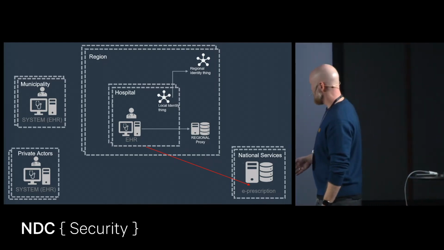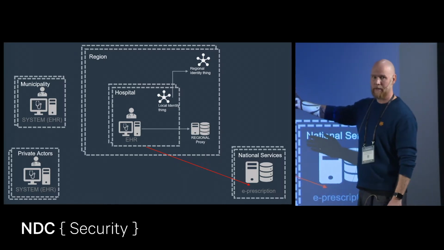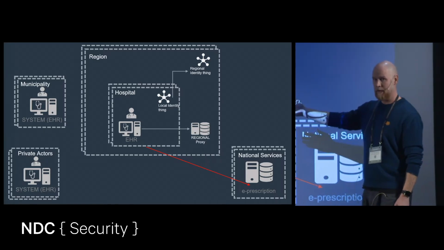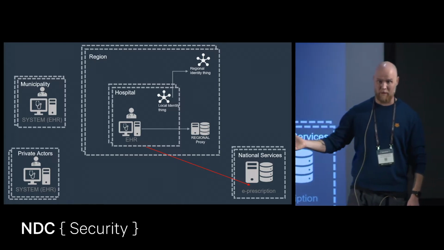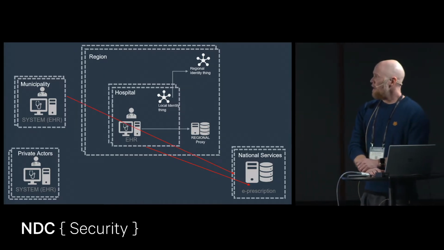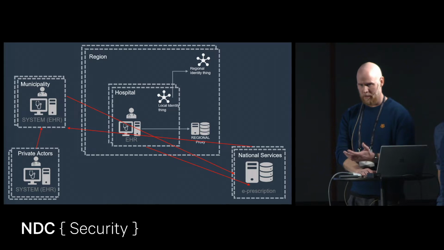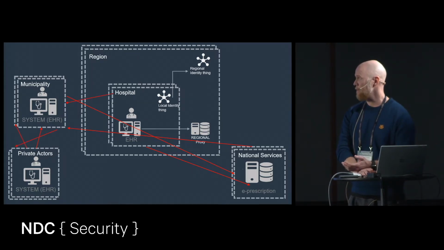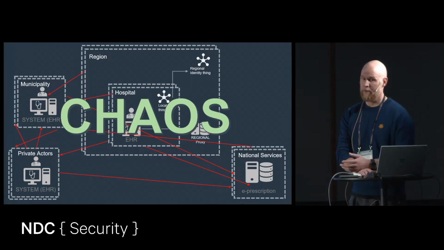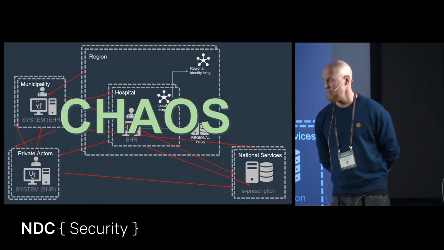They determined how they were going to share the user identity of the health personnel, because you had to know who it was, etc. And this was point-to-point. Each integration was a new project. They had to determine how to secure it. They had to find out their own way of doing it. And of course, chaotic after a while. Not scalable, unsecure, etc.